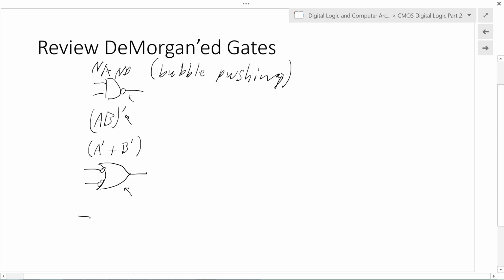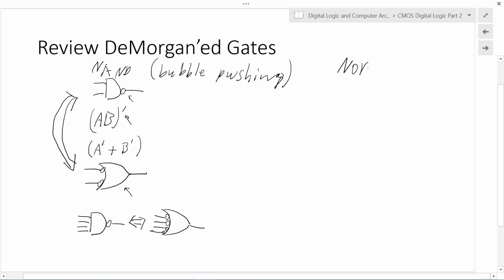So if I wanted to do, say, a 4-input NAND, this is the same as a 4-input OR with bubbles on the input here. 1, 2, 3, 4. And our output. These are equivalent, right? These are equivalent.